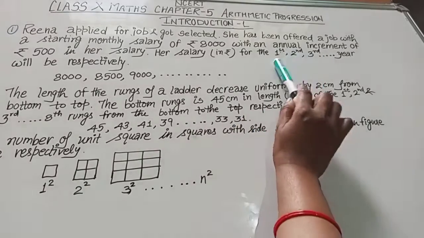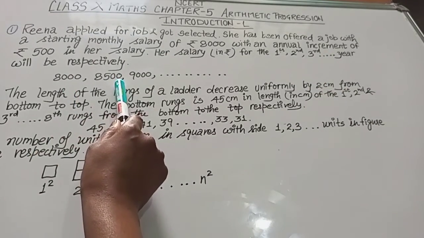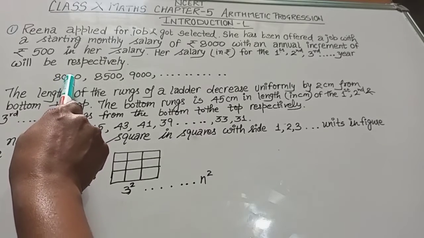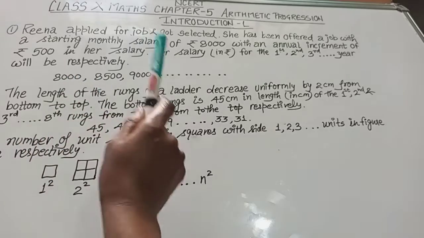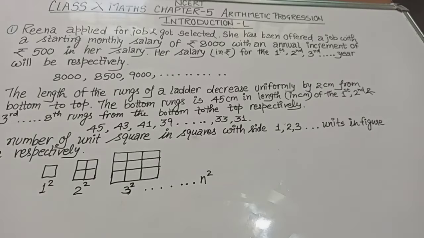Her salary in the first, second, and third year will be respectively 8,000, 8,500 and 9,000. So you can observe that the first term is 8,000, and each year there is an increment of 500.